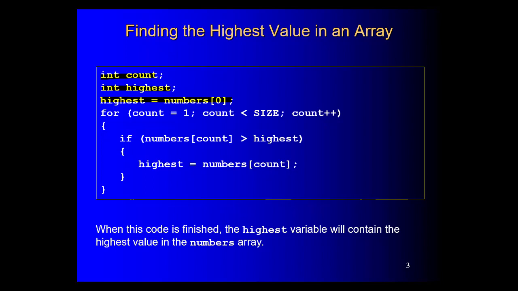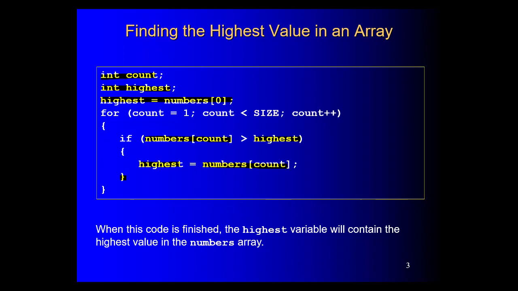And what we're going to do inside the body of this loop is compare the value at number sub 1 to highest. So if number sub 1 is greater than what we put in highest up here, which was the first element's value, then we're going to replace it. So if we find something bigger, we will replace highest with that value that we found.